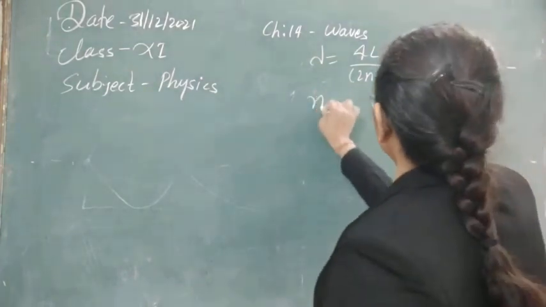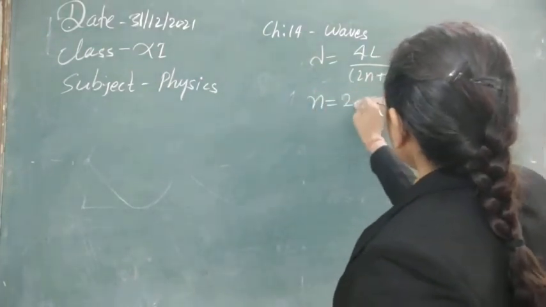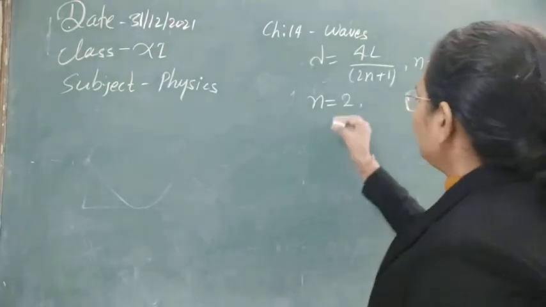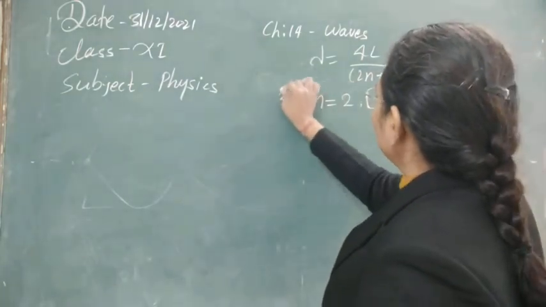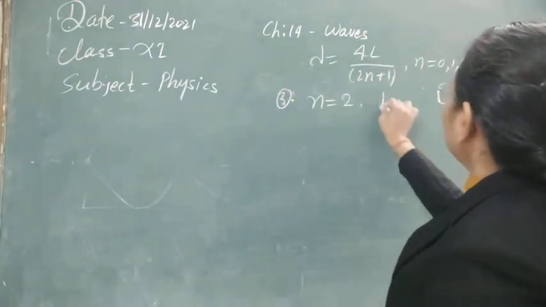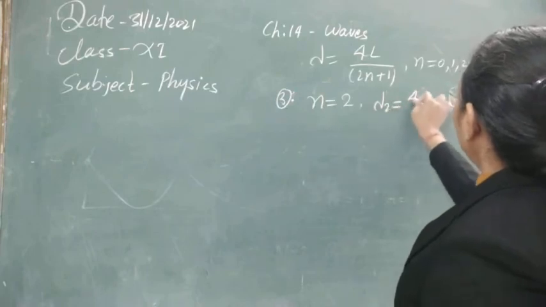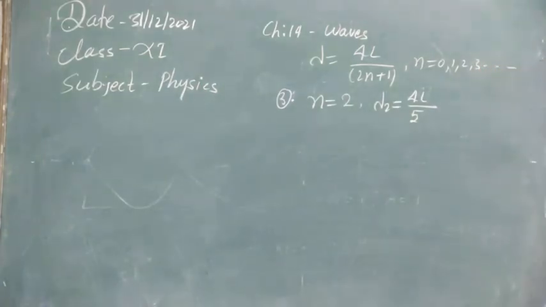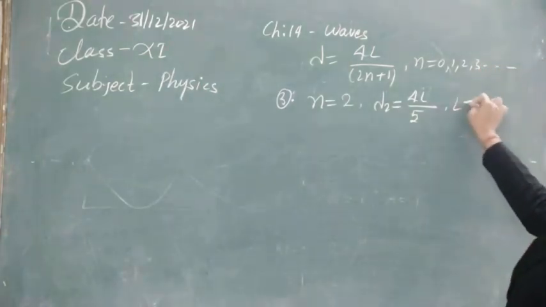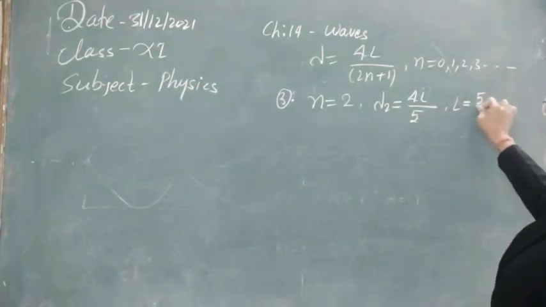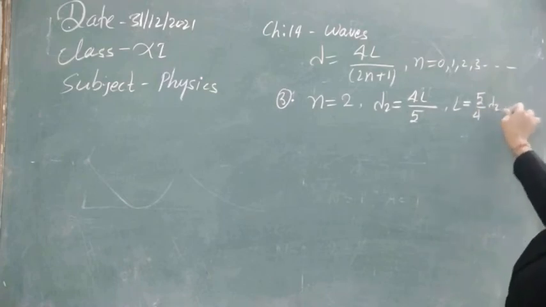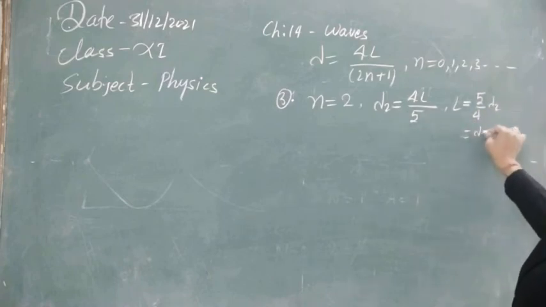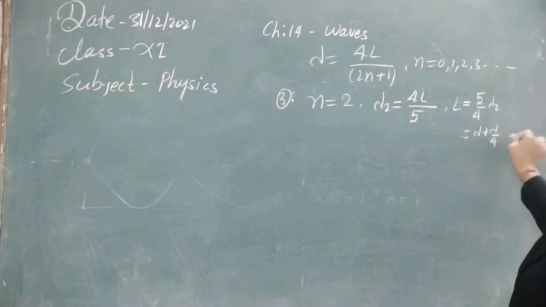So for n is equal to 2, lambda 2 will be 4L upon 5. We can write L is equal to 5 by 4 of lambda 2, also lambda 2 plus lambda 2 by 4.